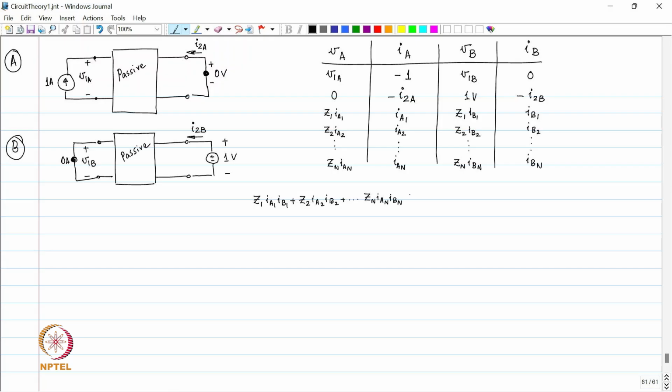This is the product of column 1 with column 4, and we are going to equate this to 0, which is also equal to dot product of column 2 with column 3.